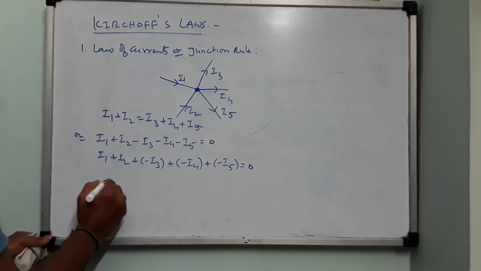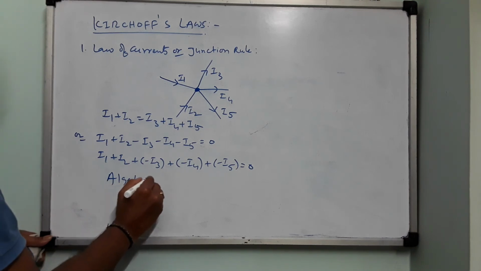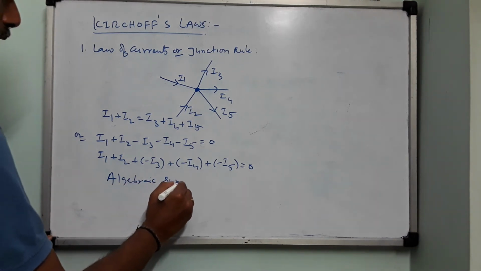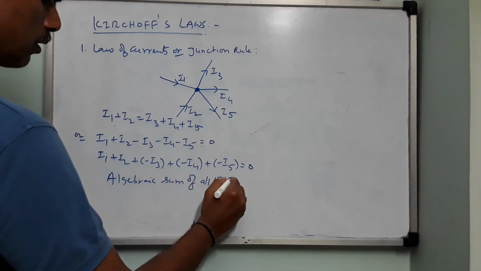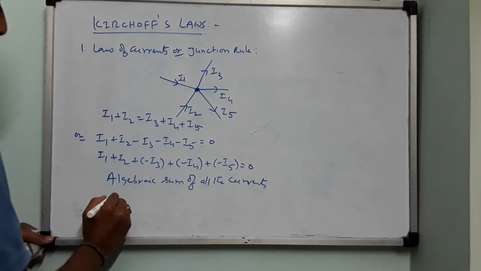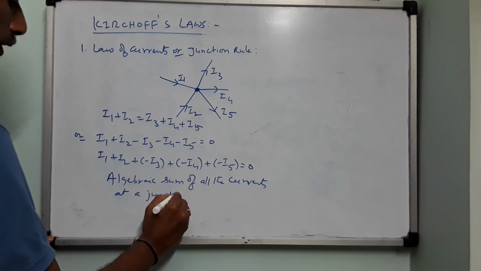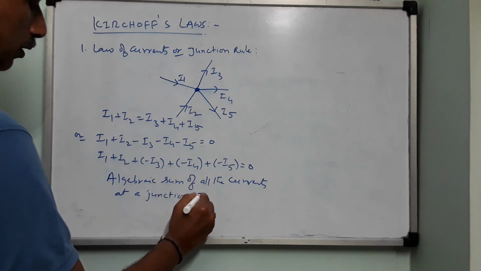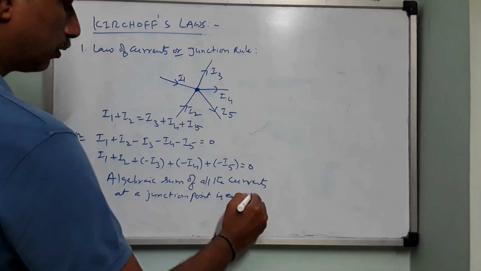This we write as: algebraic sum of all the currents at a junction point is equal to 0.